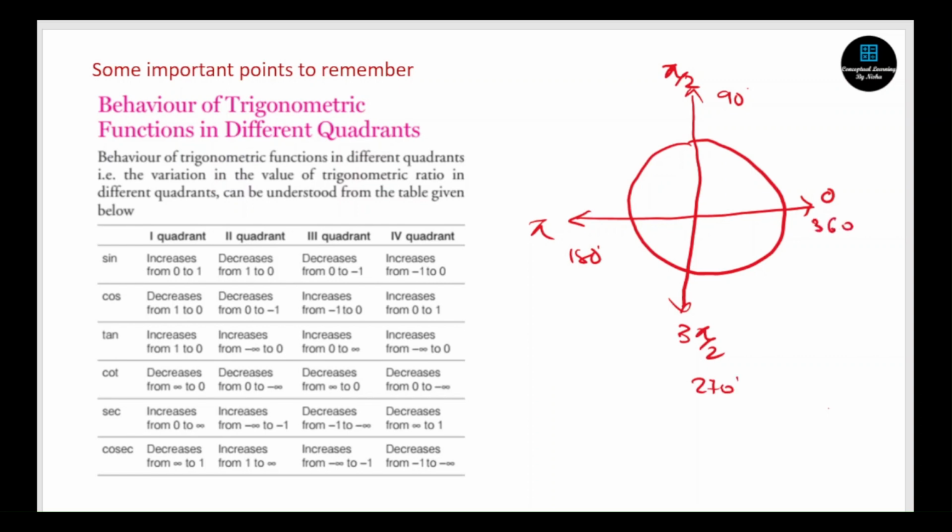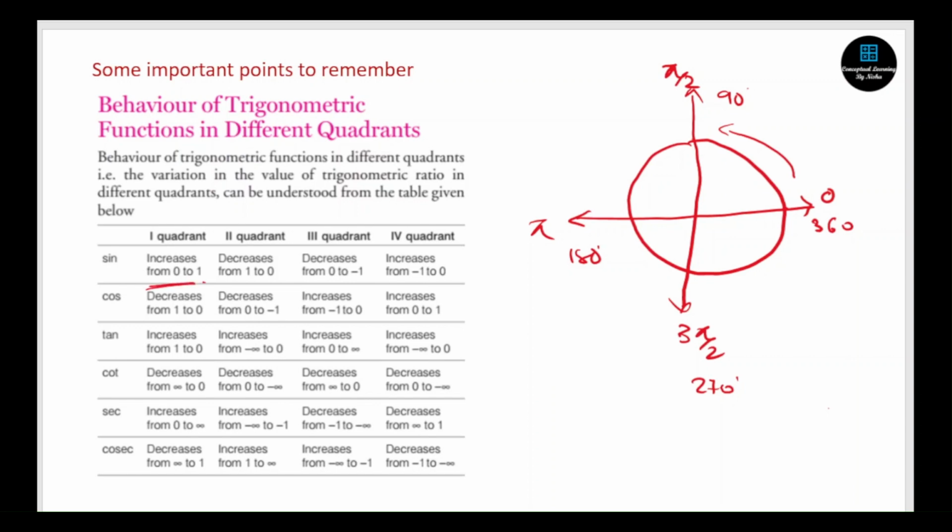Right. Now cos 0 is 1, correct? Sin 0 is 0, sin 90 is 1. So in first quadrant sin is increasing. So it increases from 0 to 1, correct?